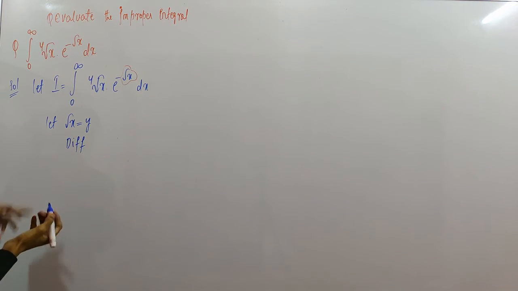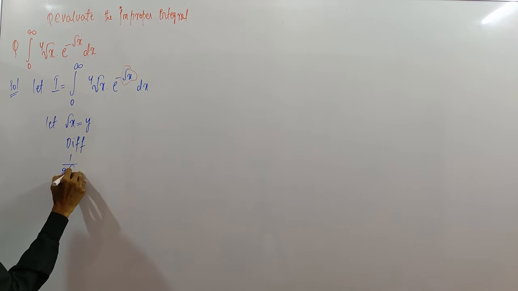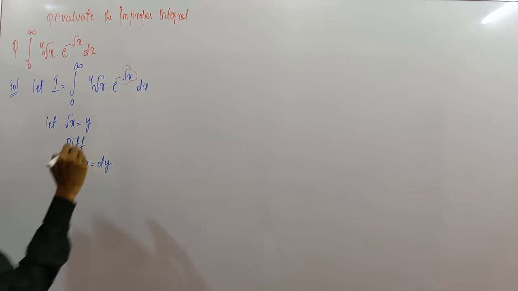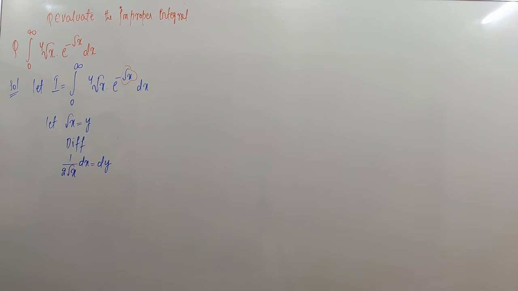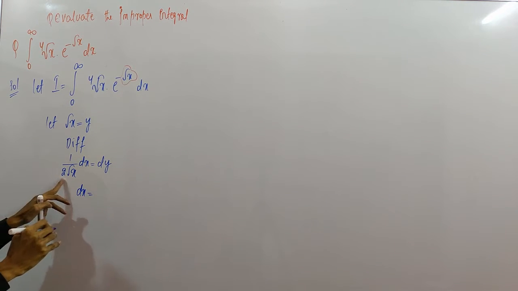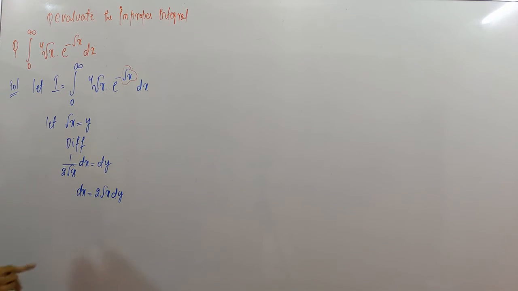Derivative of root x is 1 by 2 root x. So we have 1 by 2 root x dx is equal to dy. Now we want dx. Dx value is 2 root x dy.